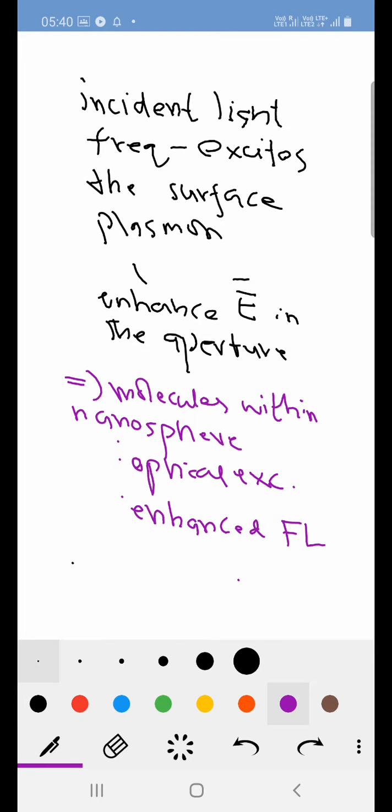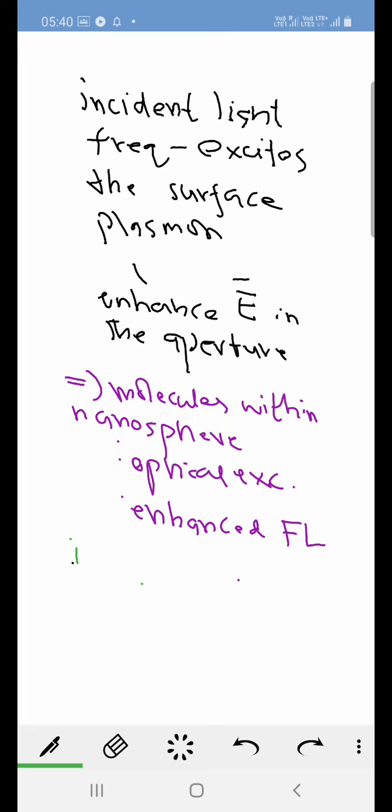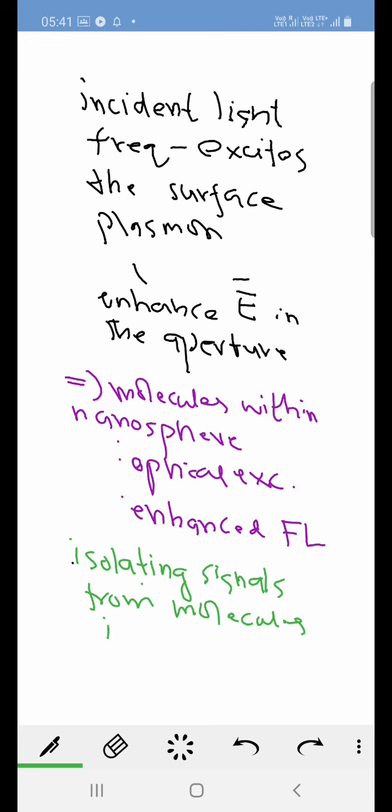So it helps in isolating signals from molecules inside the nanosphere from molecules outside.